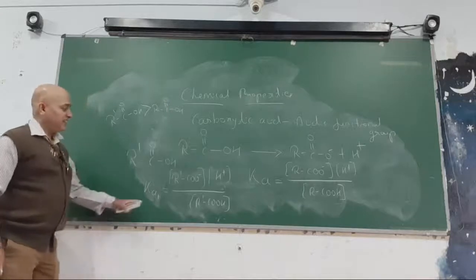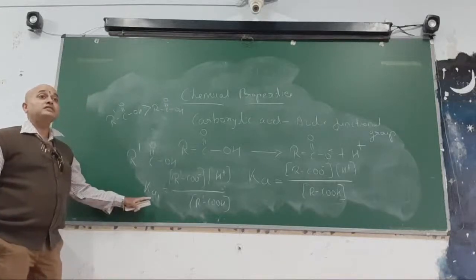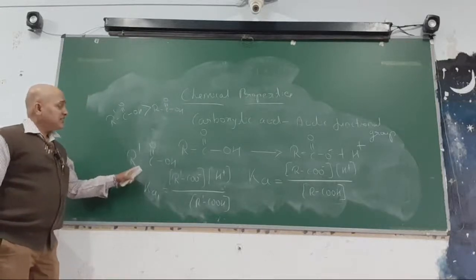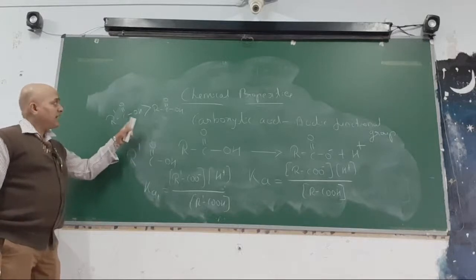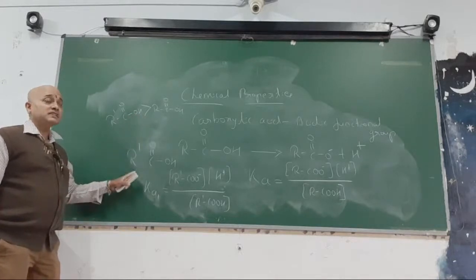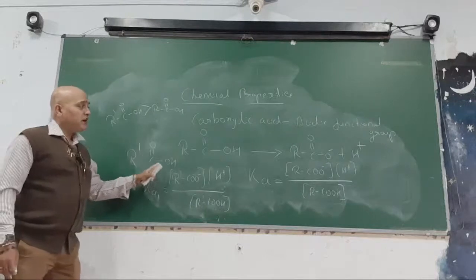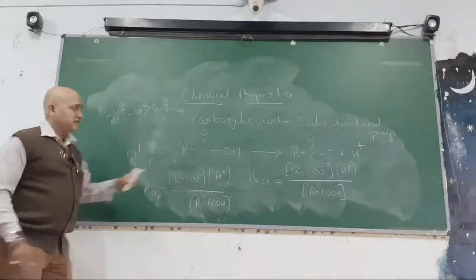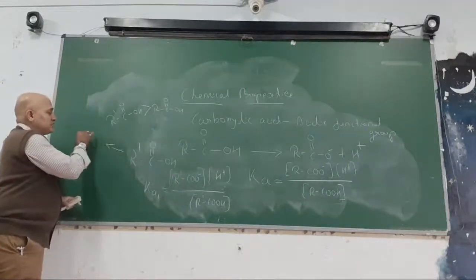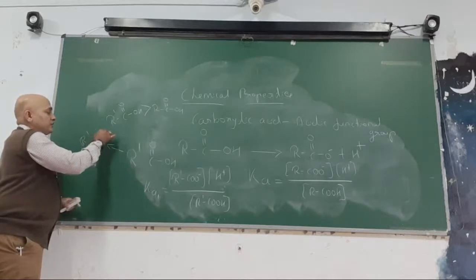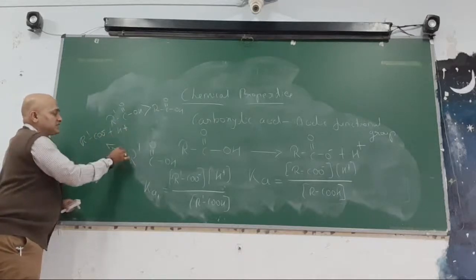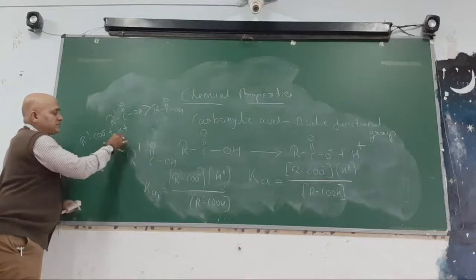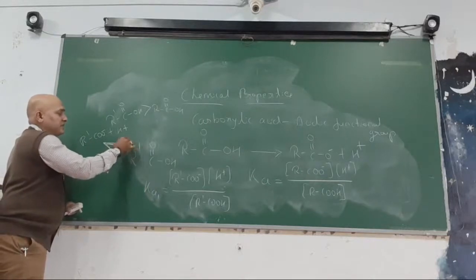He is right. Ka1 will be of larger value because since I am telling that R prime COOH is a strong acid, that means it will give a large amount of H plus. What I need to tell you is the dissociation of this molecule, the one where Ka1 is there.